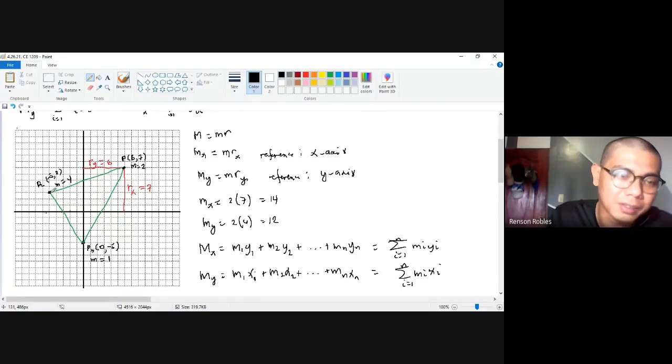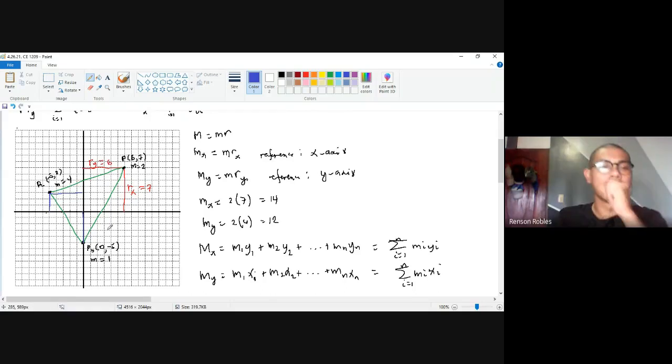So what are we going to do? We draw the distances to the x and then to the y-axis. Distances to the x, and obviously the distance of this particle to the y-axis is 0.